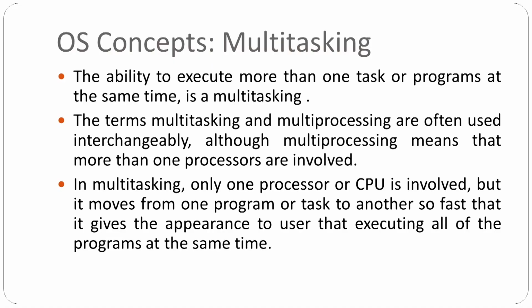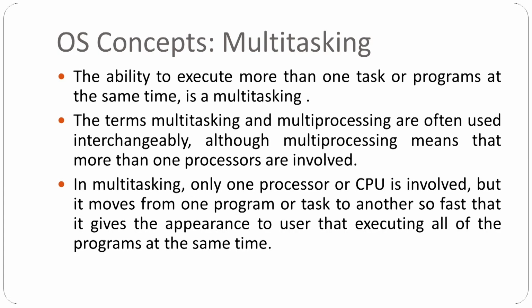The first concept is multitasking. Multitasking is the ability to execute more than one task or program at the same time. The terms multitasking and multiprocessing are often used interchangeably, although multiprocessing means that more than one processor is involved.